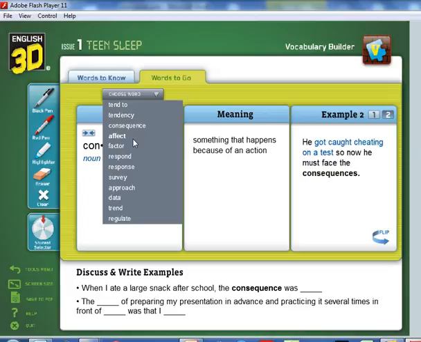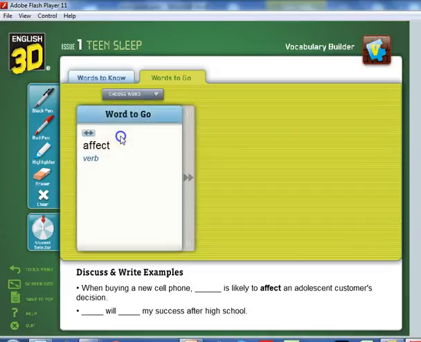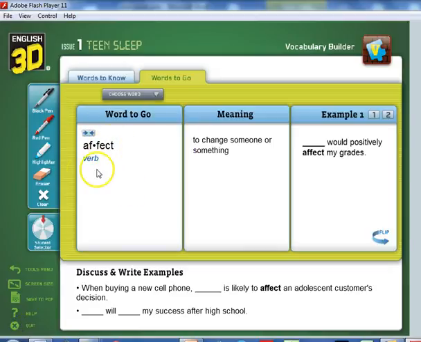Okay, the next word is affect. Affect is a verb. Affect means to change someone or something.